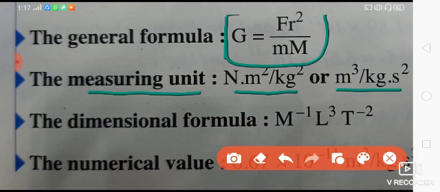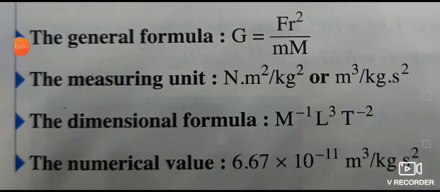And it's very important also to know the dimensional formula of the gravitational constant, which is M to the power negative 1, L to the power 3, T to the power negative 2.